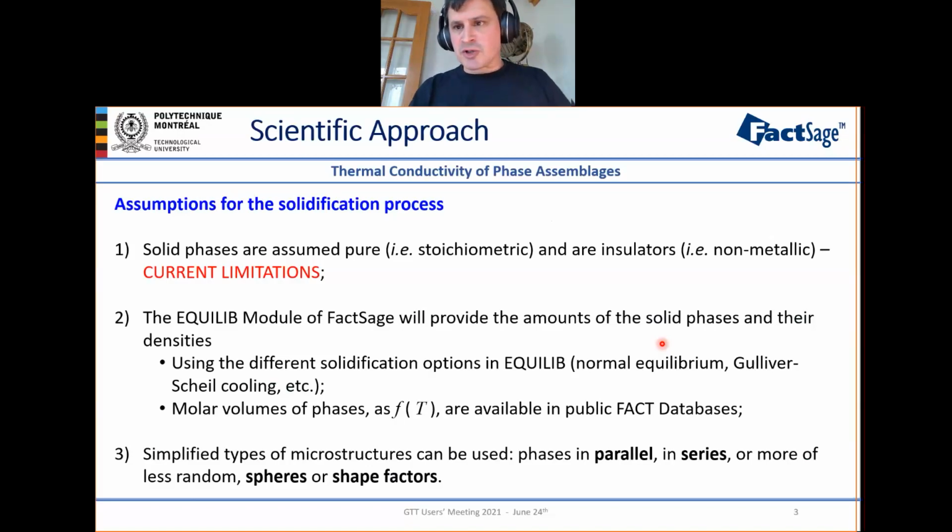As the microstructures strongly affect the thermal conductivity, we need simplified models in order to evaluate the impact of microstructure. Specifically, the absolute limits of the parallel and series microstructures, but mainly some random types of microstructures with spheres or shape factors to be taken into account.